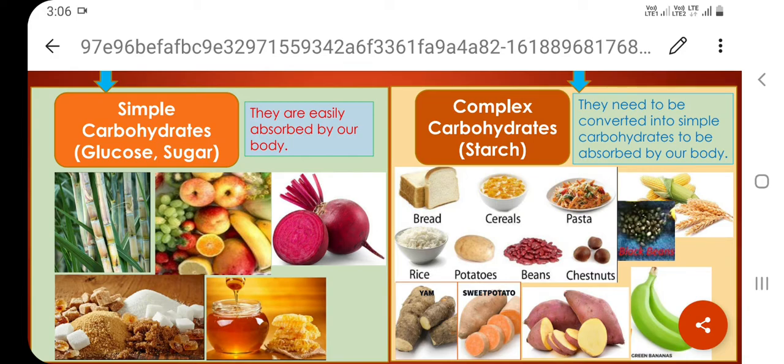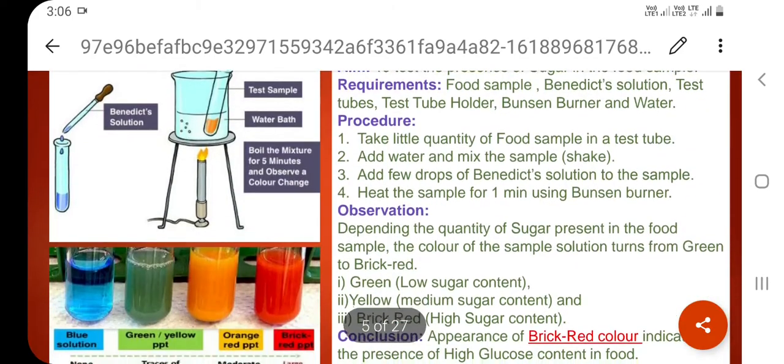Next, but not the least, are complex carbohydrates: bread, cereals, pasta, rice, potatoes, beans, chestnut, sweet corn, yam, and raw bananas.